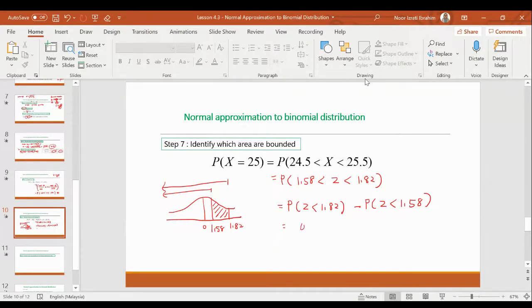So it will be 0.9656 minus, and we have Z less than 1.58. For 1.58, refer to row 1.5 and column 0.08, and it will be 0.9429.